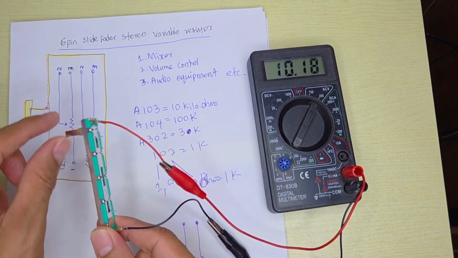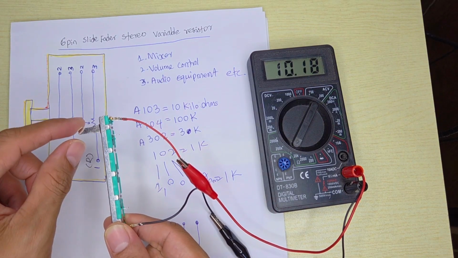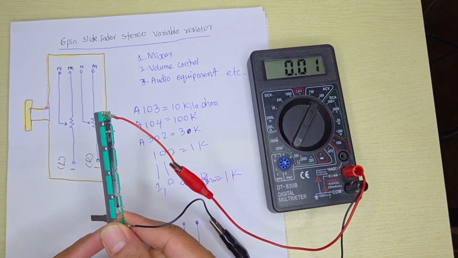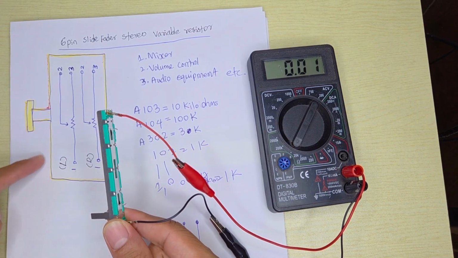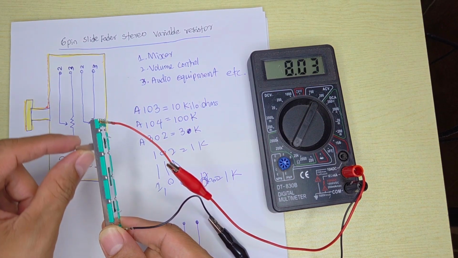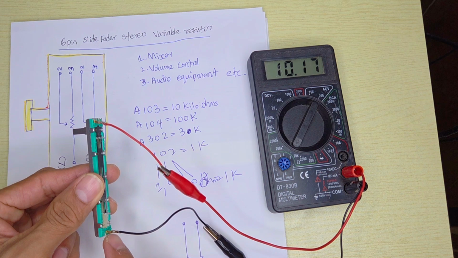Now the value is at maximum, 10 kilo ohm. We can see on the multimeter the value changing from 0 to 10 kilo ohm. And here is ground.